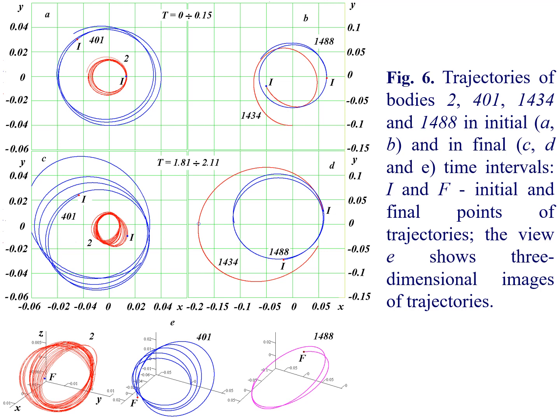The motion trajectories of bodies of different layers were studied. The studies were carried out for 2 time intervals: initial, t equals 0 to 0.15, and final, t equals 1.81 to 2.11.